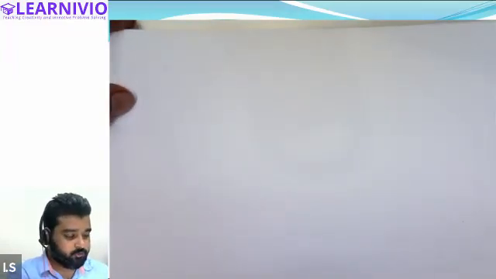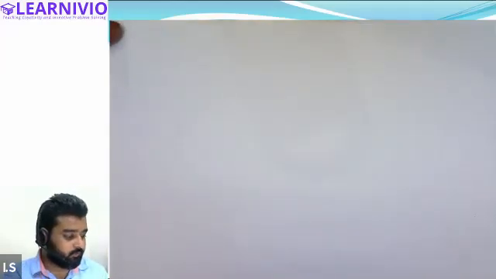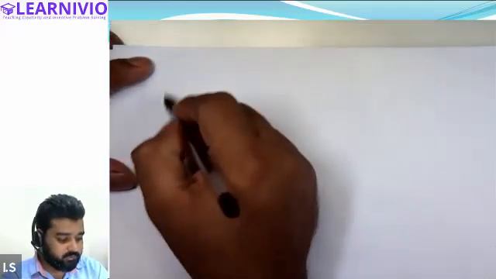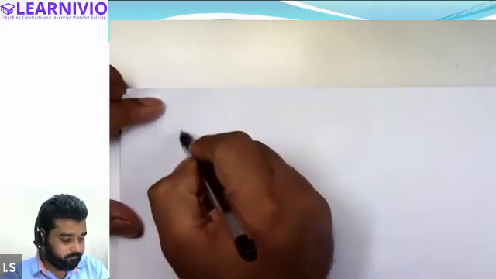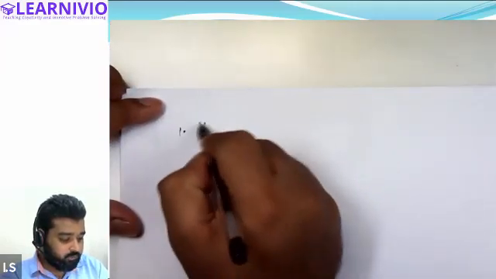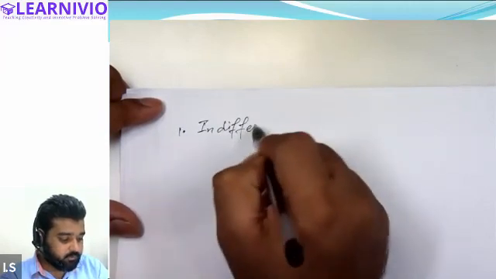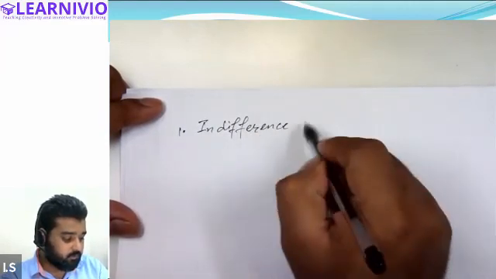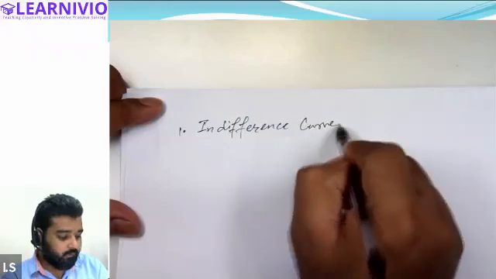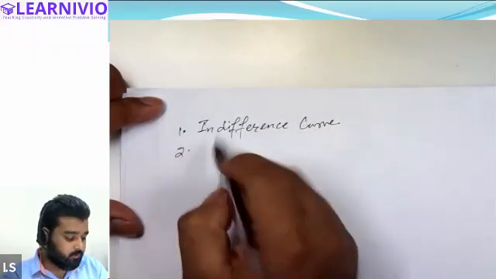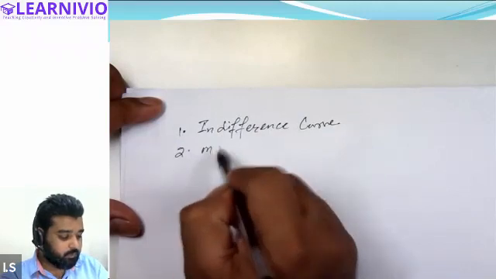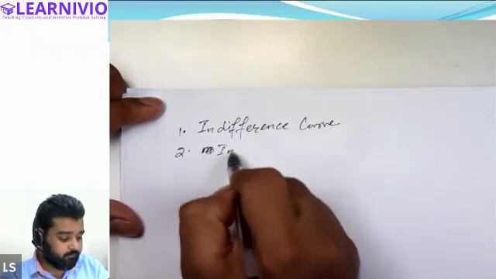What are those? First of all, in order to understand the concept of equilibrium through the indifference curve approach, we need to understand what is the meaning of indifference curve. What is an indifference curve? After this, we will learn about the indifference map.